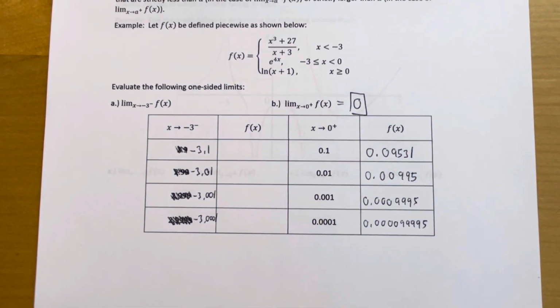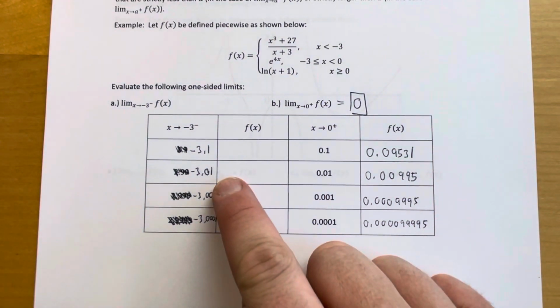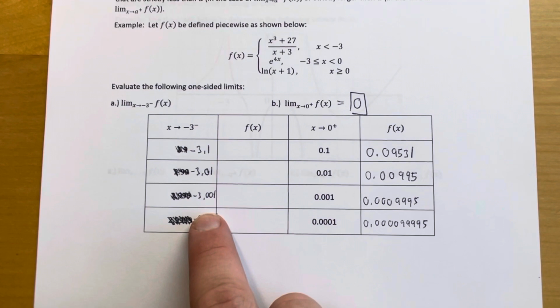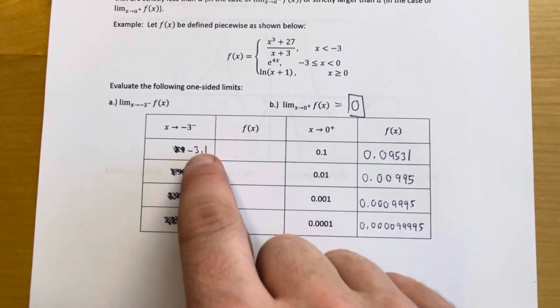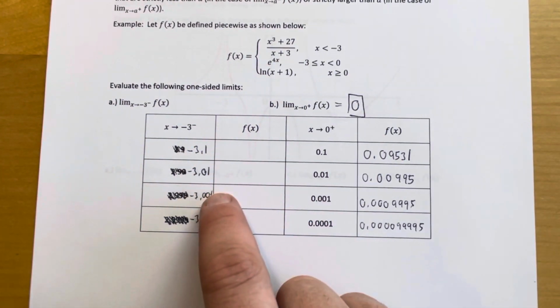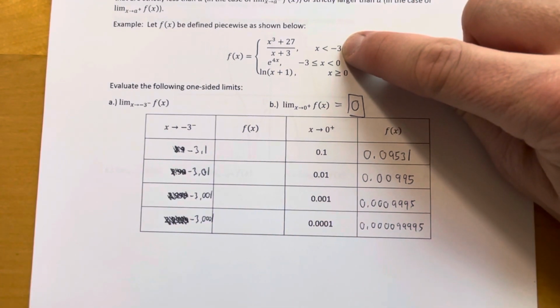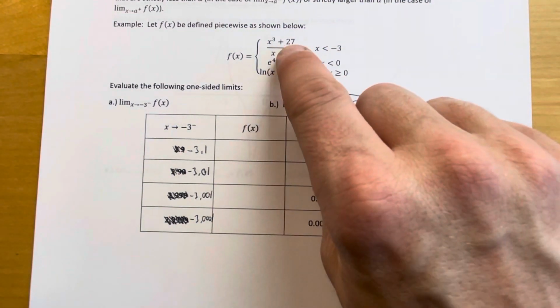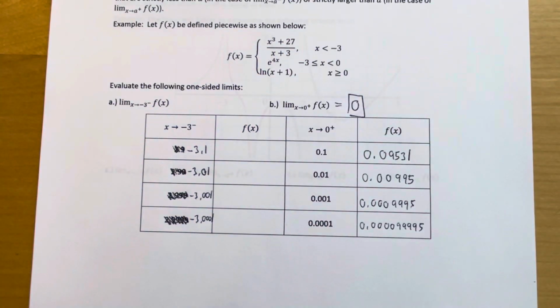Okay, now returning to this problem right here, I need to plug these numbers into my function, and because all of these numbers are less than -3, I'm looking here. That's where my piecewise function is directing me. So I'm going to be plugging them into this expression right here, x cubed plus 27 over x plus 3.